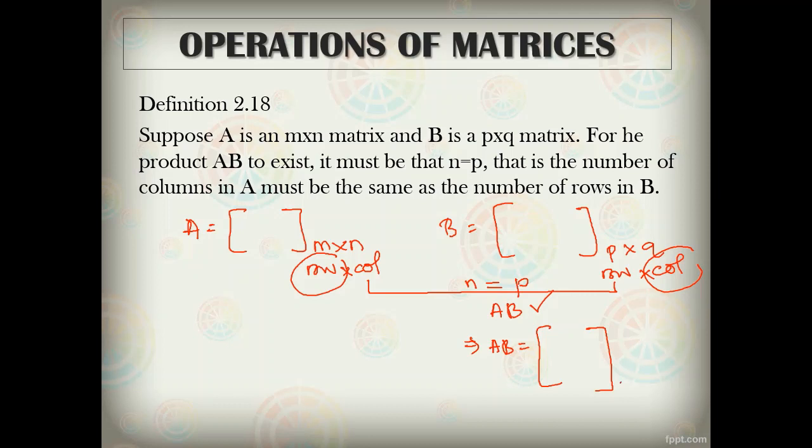So row is M, column is Q. So the product should be M by Q. This is the expectation of the order for the product. If N and P are not equal, you cannot perform multiplication of A and B.